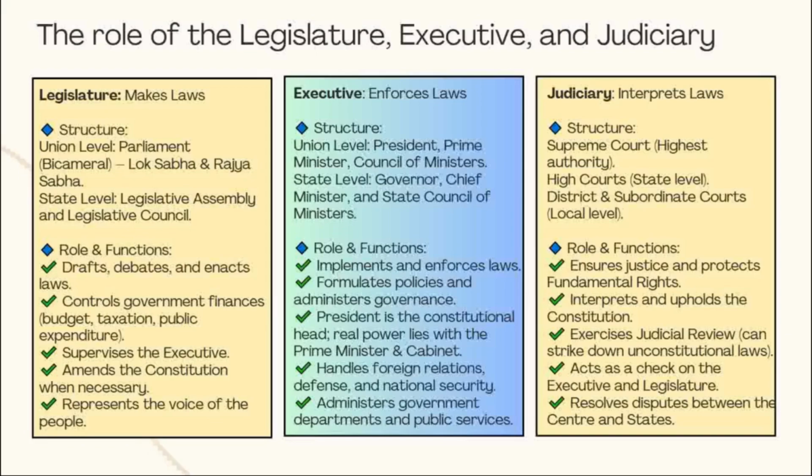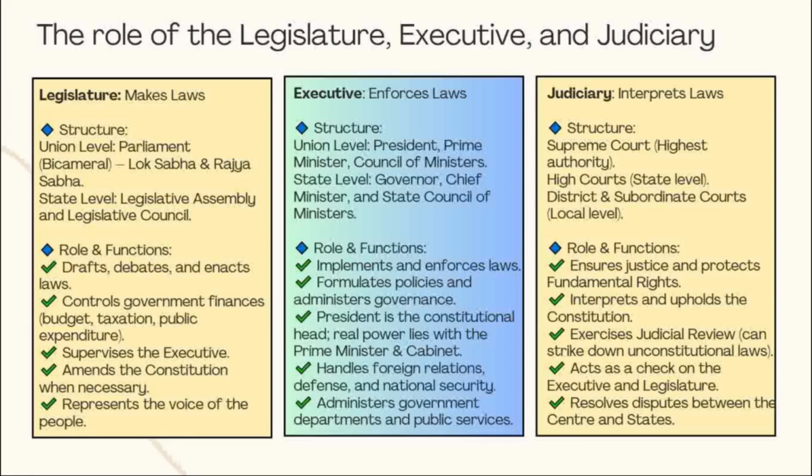The structure of the Indian government is a complex and comprehensive system designed to manage a vast and diverse country. The government operates at both the central and the state levels, ensuring a balance of power and responsibility.